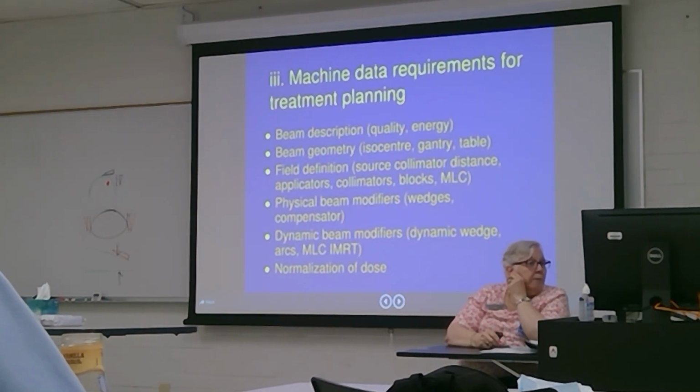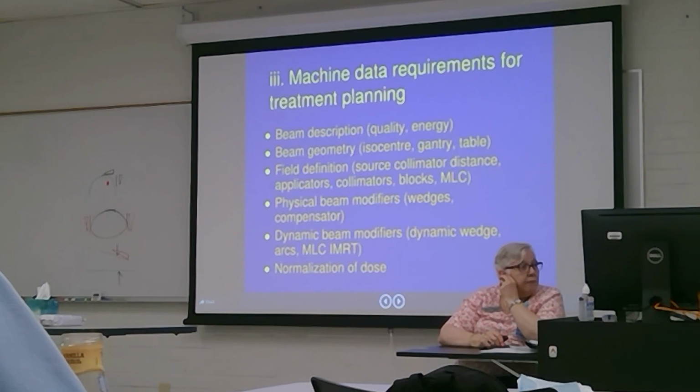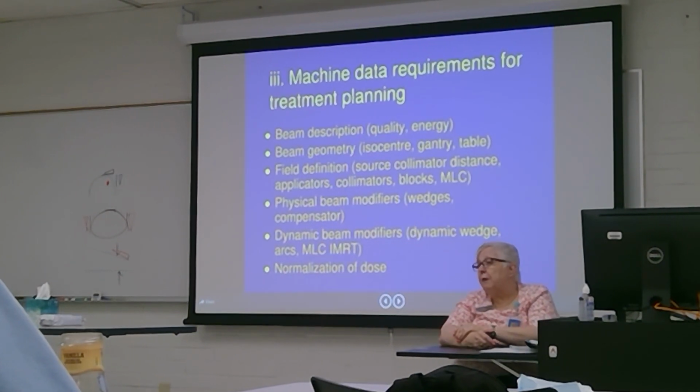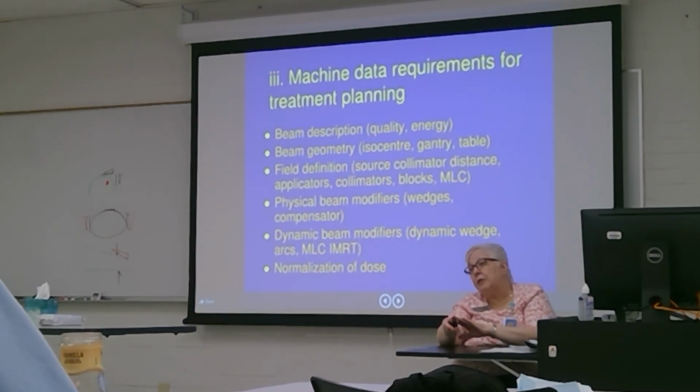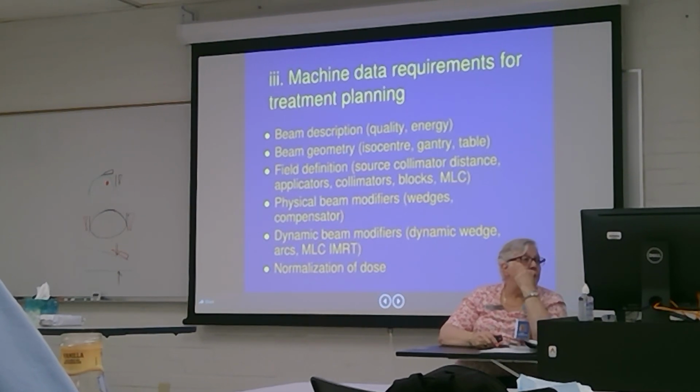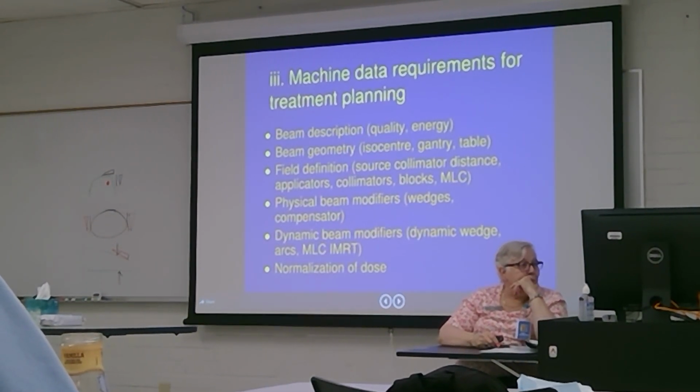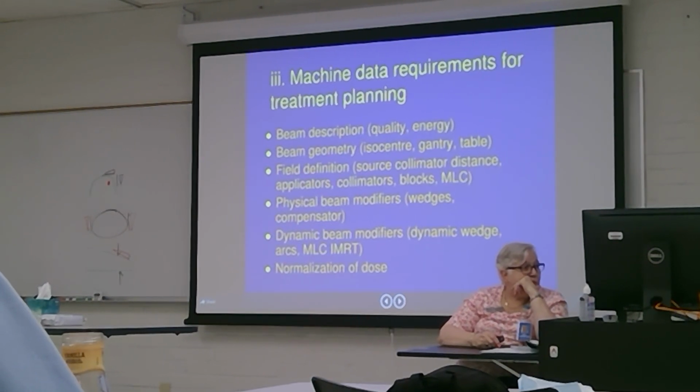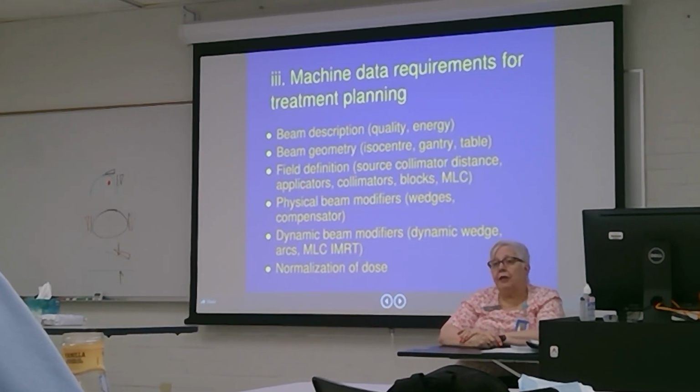Okay, so collimators and blocks are MLCs. Obviously, most people these days use MLC, unless it's electrons, then you use the Cerrobend cutouts. Physical beam modifiers: wedges and compensators. I don't think anybody uses physical wedges anymore, except for Sanford.